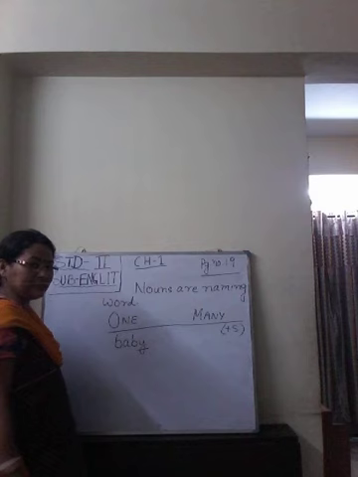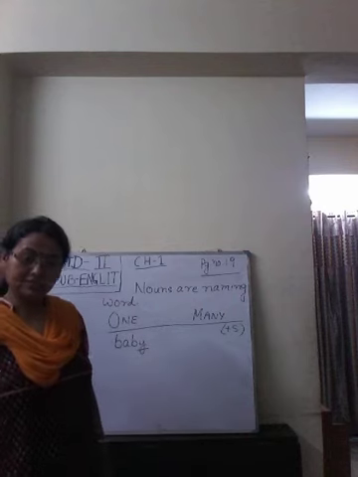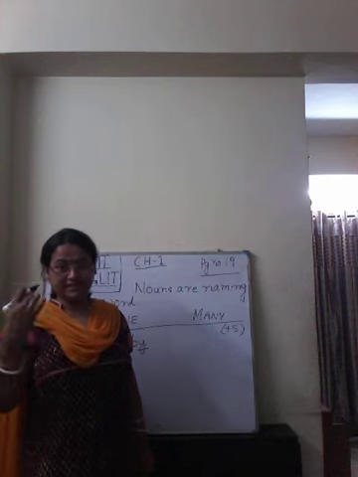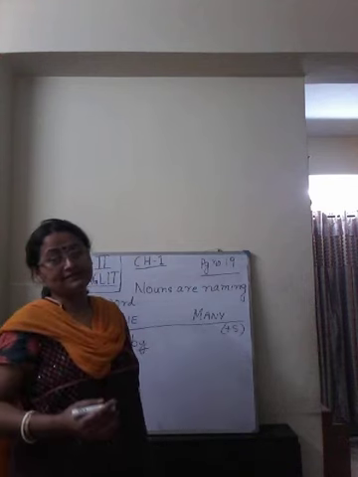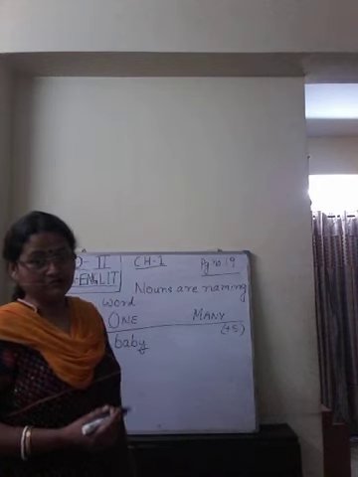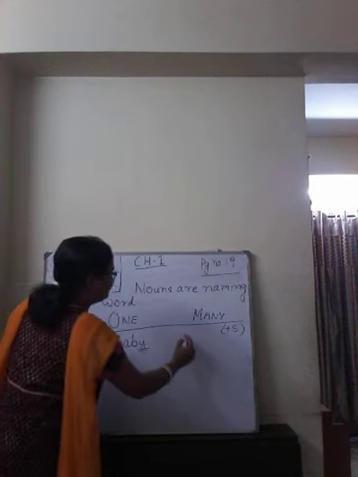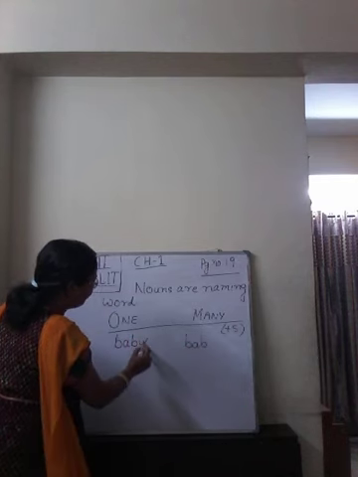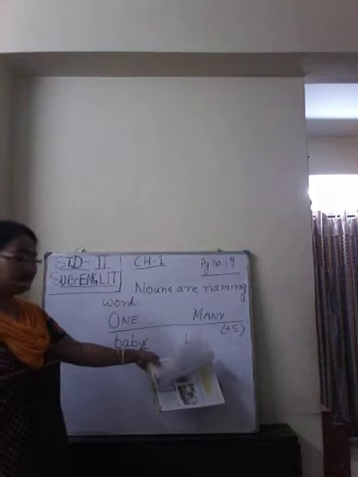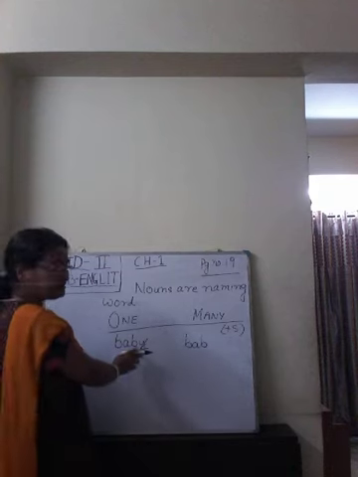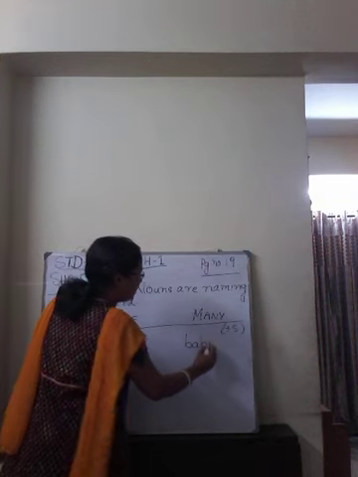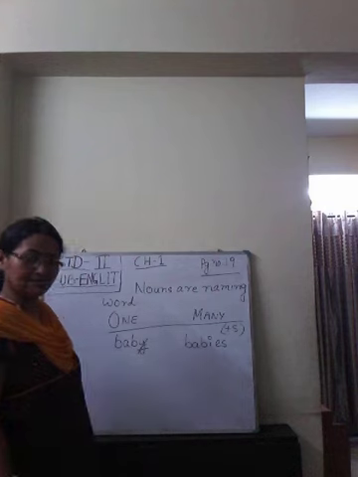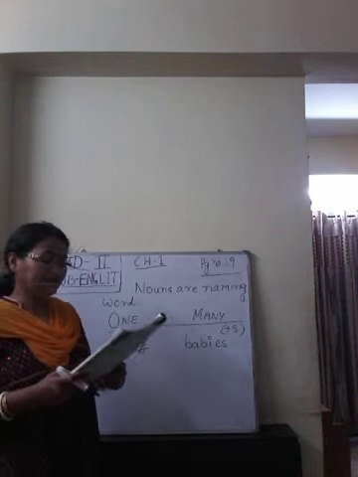This word ends with the letter Y. When a noun ends with the letter Y and we have to change it to many, what is the rule that we have to follow? See the rule. This will become B-A-B. Now we will cut Y. We will not write Y here. In place of Y, I will write I plus ES.